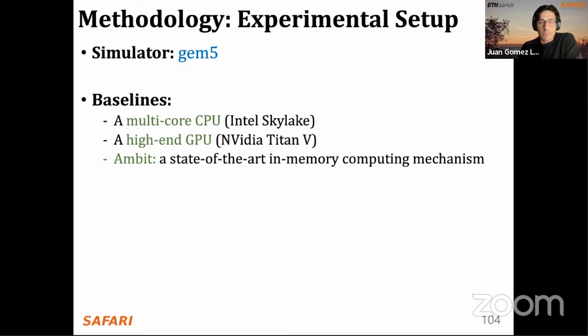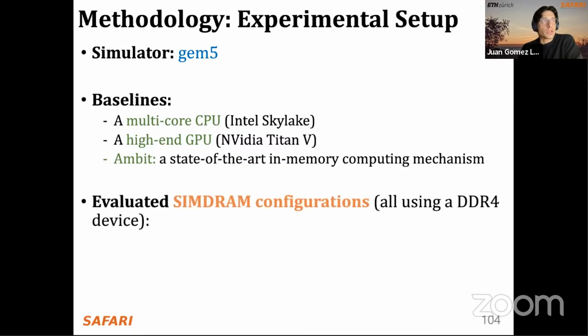It is the first work that proposed this way of doing processing using DRAM, and we have made use of the majority operations proposed by Ambit, but instead of using AND, OR, and NOT for the execution of instructions, we are going to use majority and NOT, as we have seen in SIMDRAM.